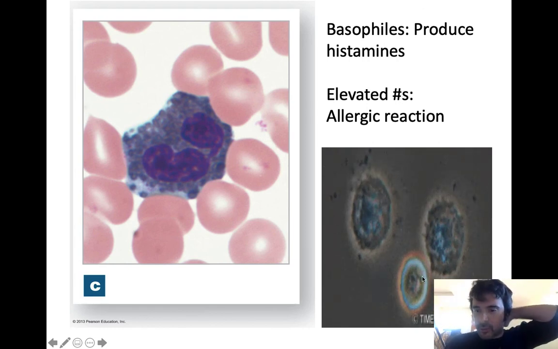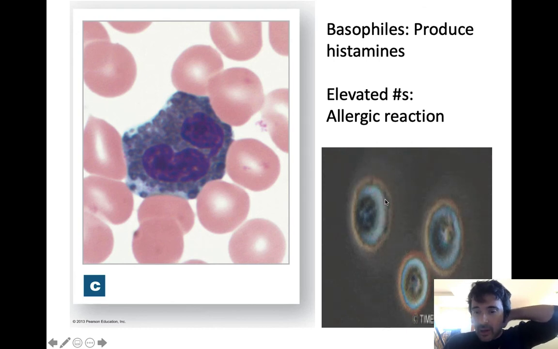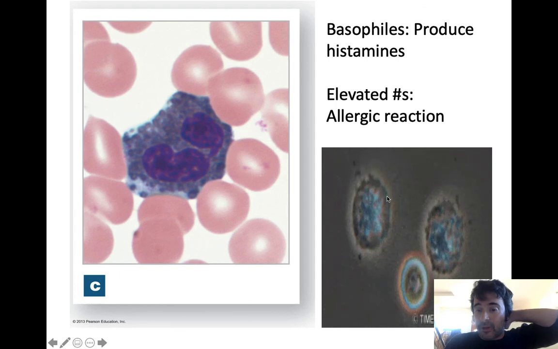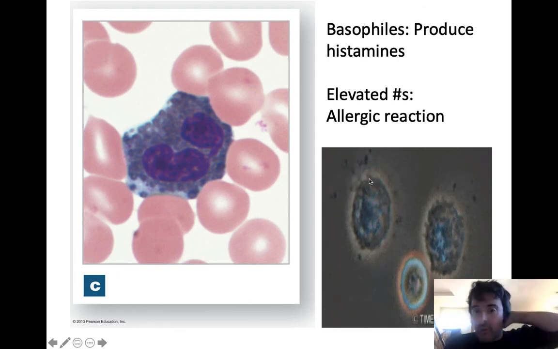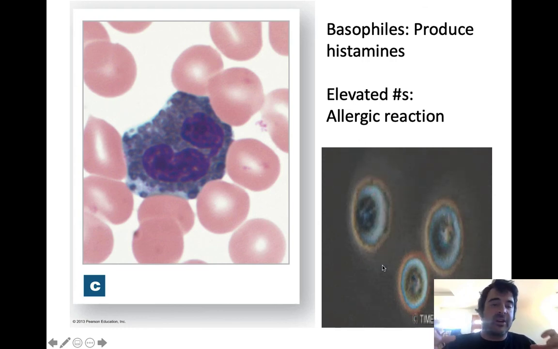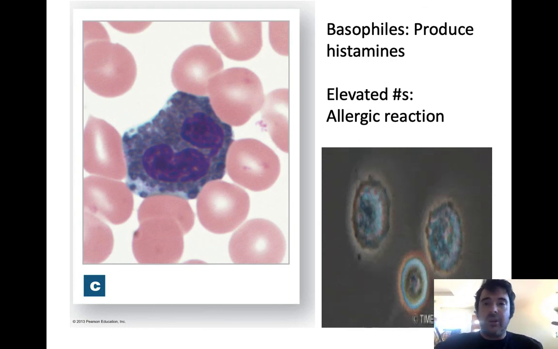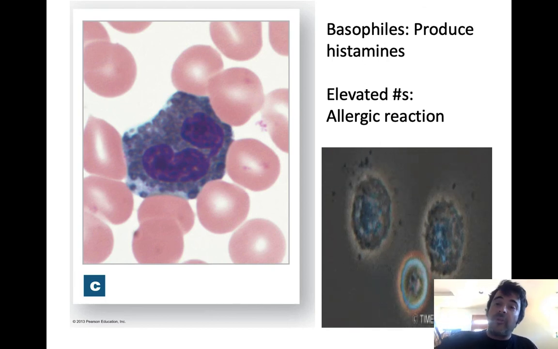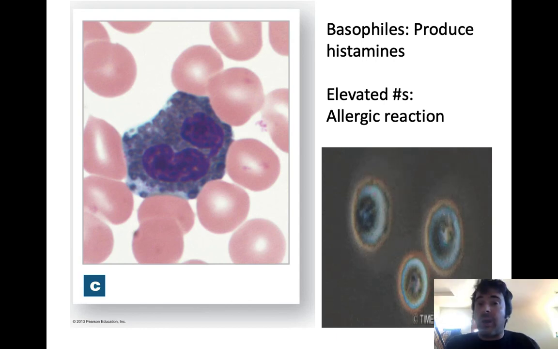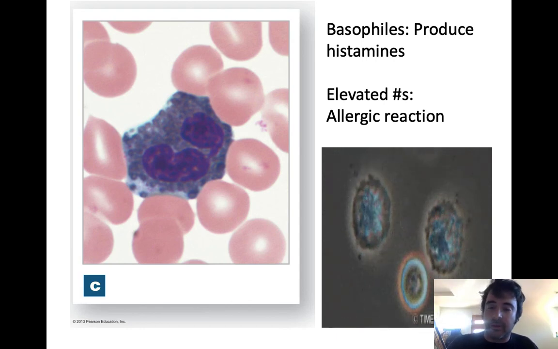So let's pretend these are basophils, and before the cedar pollen has been introduced, they're not doing anything. You put in the cedar pollen, they start degranulating. And all of those little granules are histamine, and histamine is going to dilate capillaries and cause the migration. It's going to trigger everything associated with inflammation. So if you see basophils elevated, right, that's a pretty strong indicator that it's probably some kind of inflammatory response or allergic reaction, right?